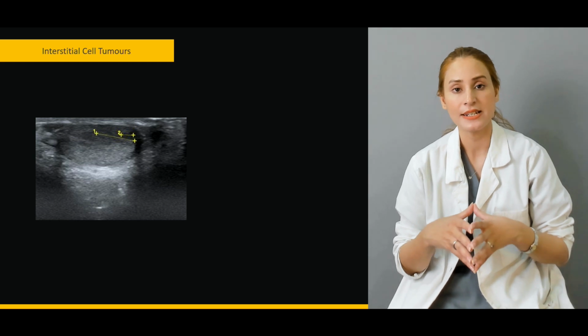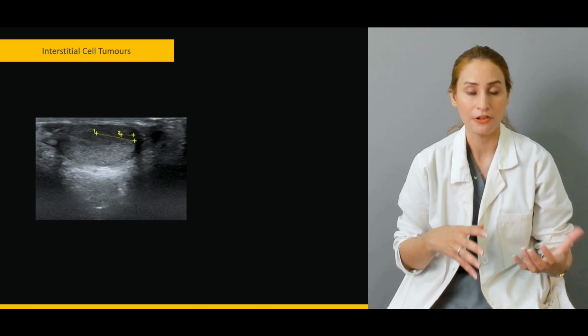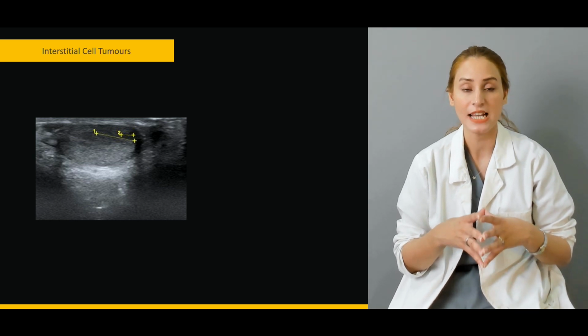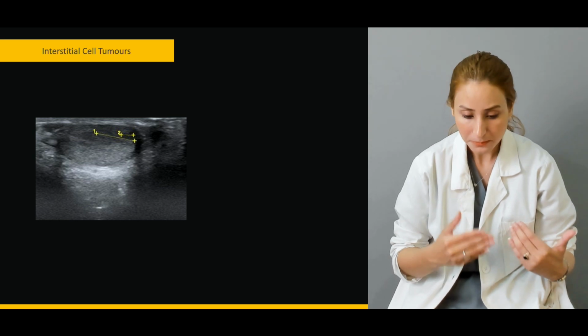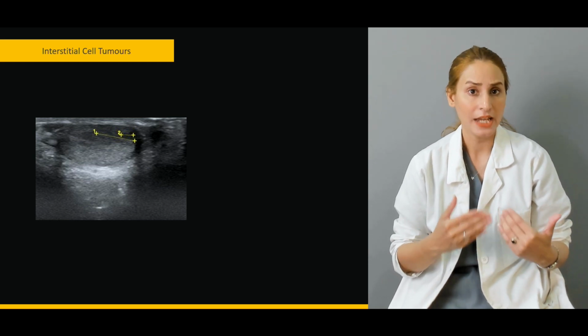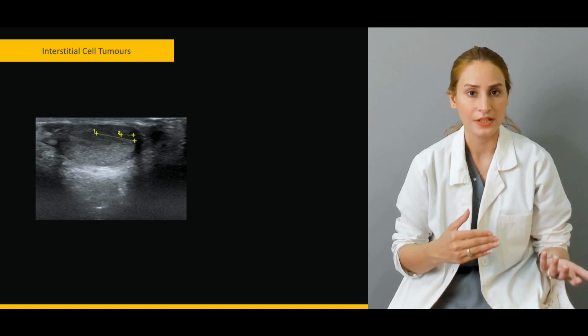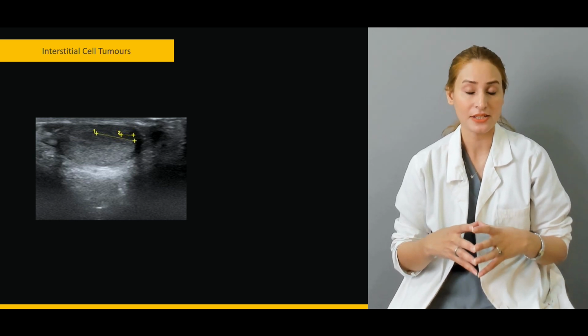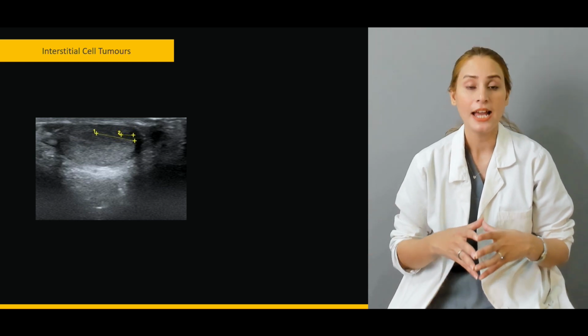And we know that Leydig cells are under the influence of the luteinizing hormone, and they're responsible for the production of testosterone. That's why the tumor cells arising from the Leydig cells produce a kind of masculine effects as compared to the Sertoli cells, which produce a feminine effect.